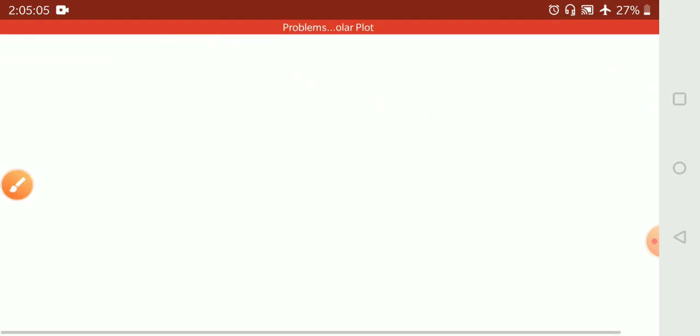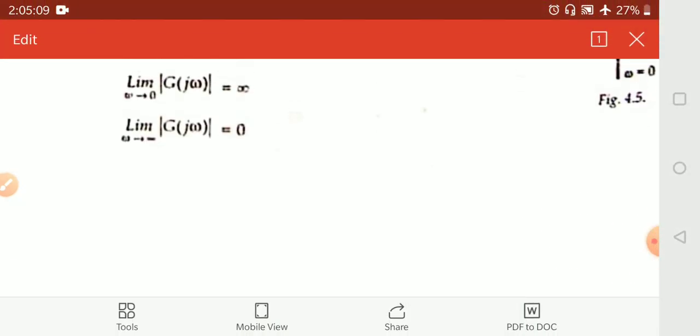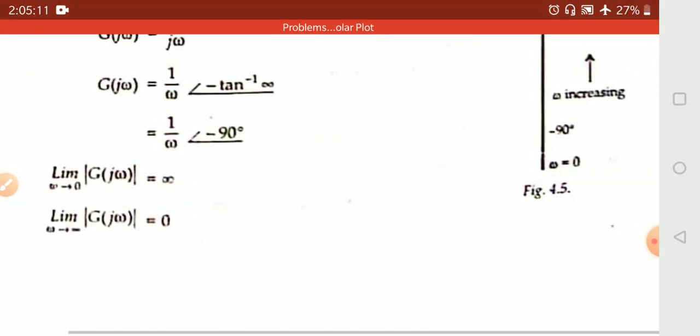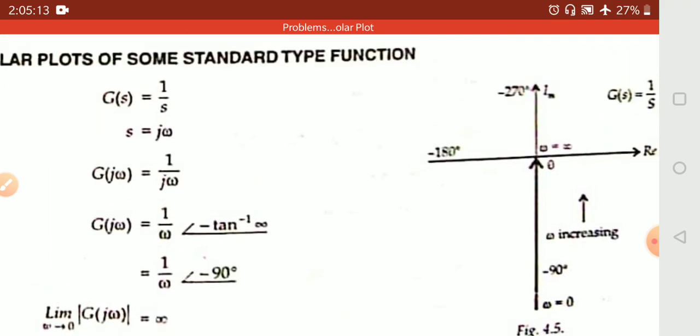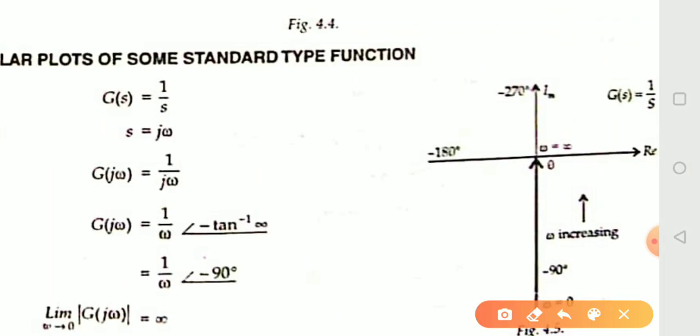Now by this we make a polar plot. We have here 0 degree, 90 degree, 180 degree and 270 degree.